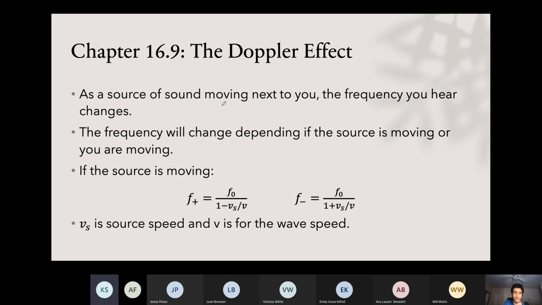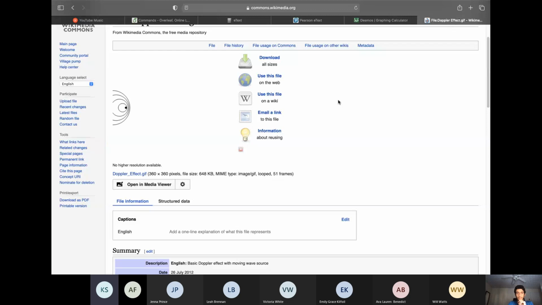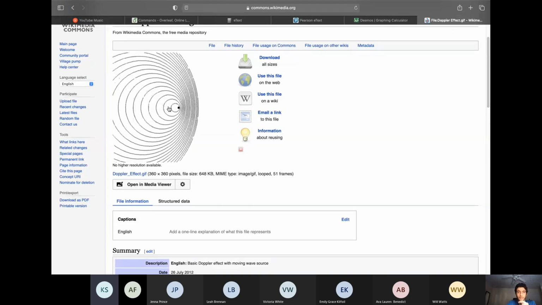That is because of something called the Doppler effect. As a source of sound is moving next to you, the frequency you hear changes. How the frequency changes depends on who is moving: you're standing still and the source is moving towards you, or the source is standing still and you're moving towards the source. If the source is moving towards you, the frequency will be higher. You can see this in this video.